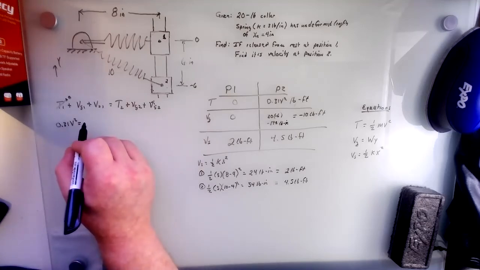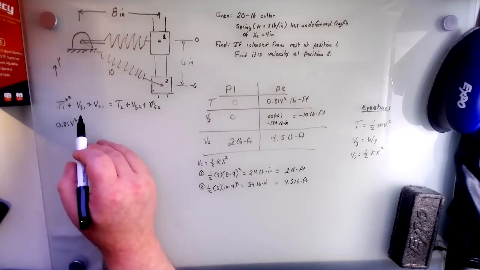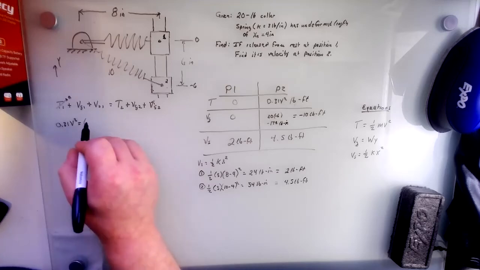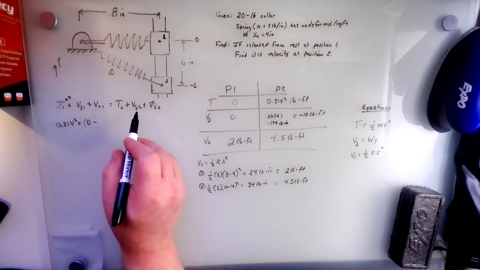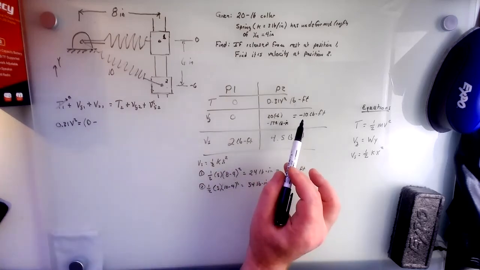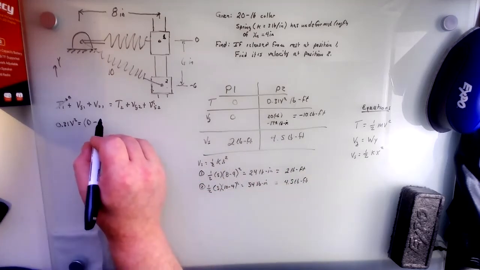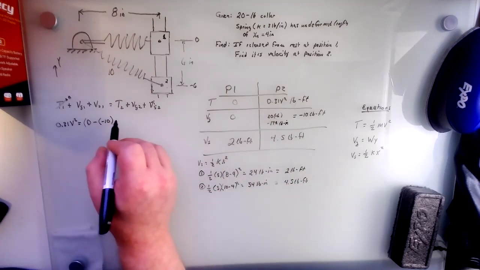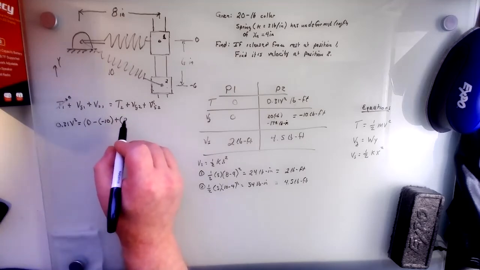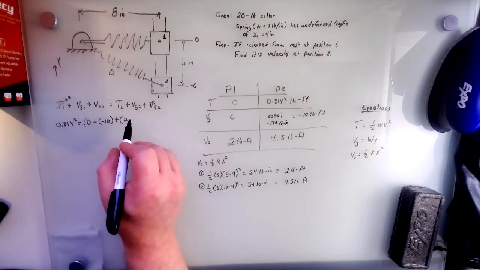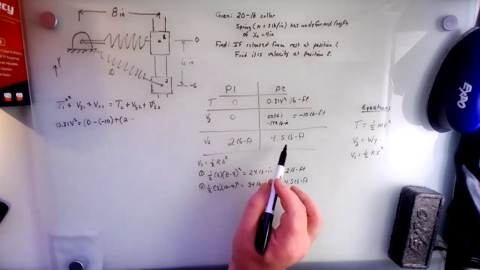VG1 is 0, so 0 minus VG2, which is minus 10 foot-pounds. So minus 10 plus 2, and then minus 4.5.